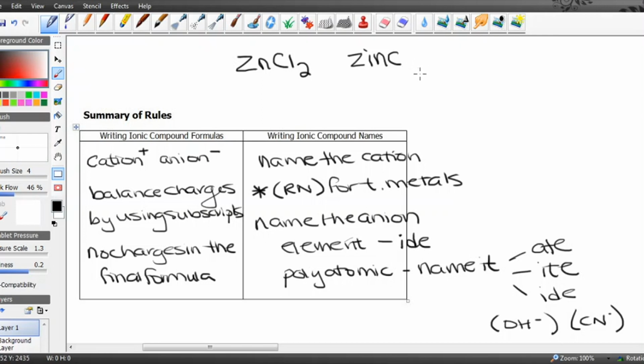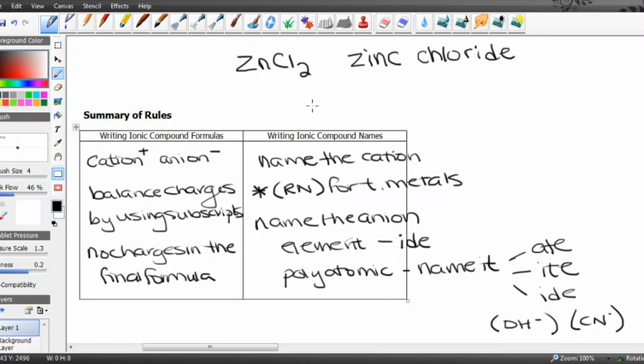But remember, I told you zinc is always a 2+. That's one of the exceptions. So I don't need a Roman numeral. And then I'm going to name the anion. And because that's an element, I change its ending to "ide." That's zinc chloride.